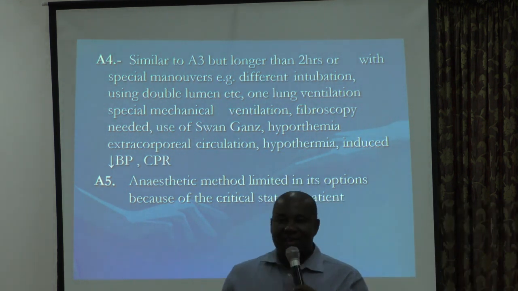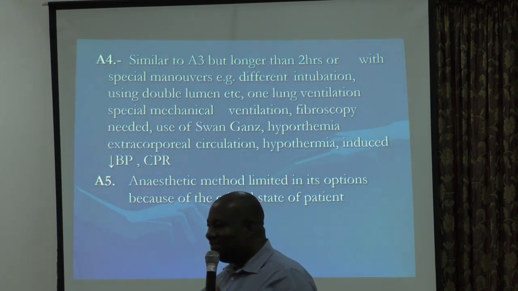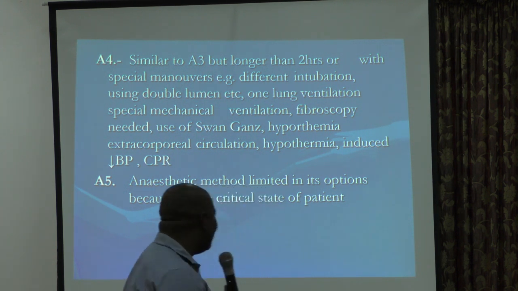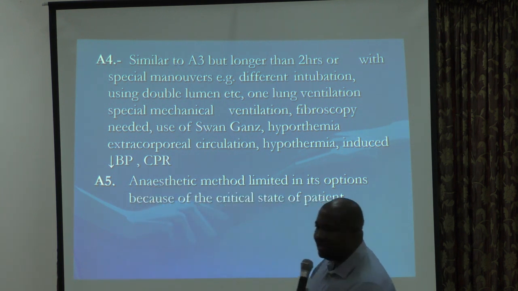A5 are some of those patients where we start looking for who will anesthetize. We know that whatever type of anesthesia we do, you will be beaten. You are damned if you do, you are damned if you don't. So the options are limited because of the critical state of the patient.